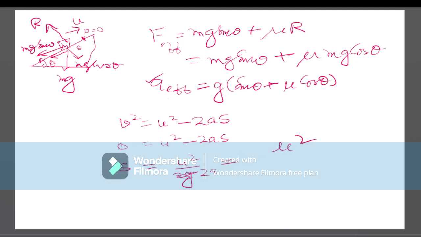Use u squared and just put in the effective acceleration here, and you will get the full distance through which the body will move. Okay, so this is the expression. Like that, you can solve different problems involving the inclined plane just by resolving the different forces along the plane and perpendicular to the plane. I think this discussion will help you a lot. Thank you very much for your patience.